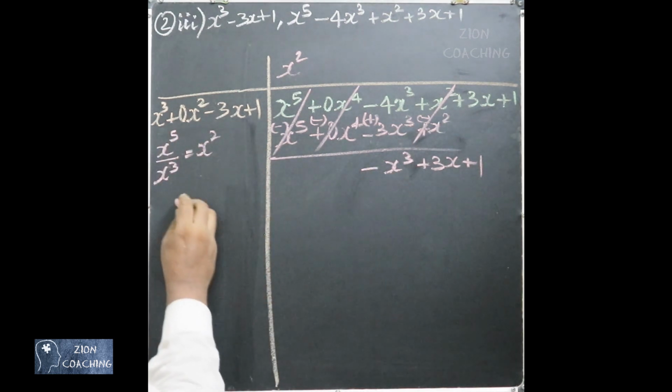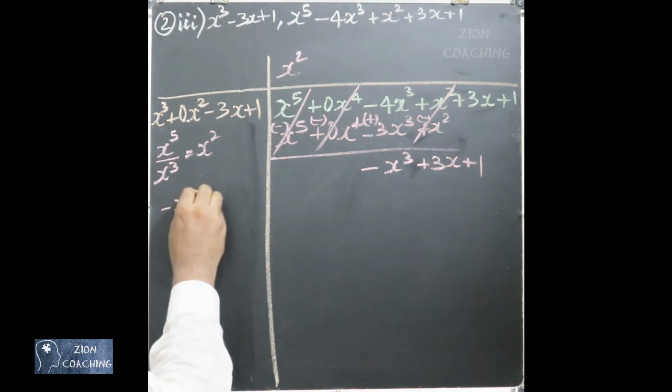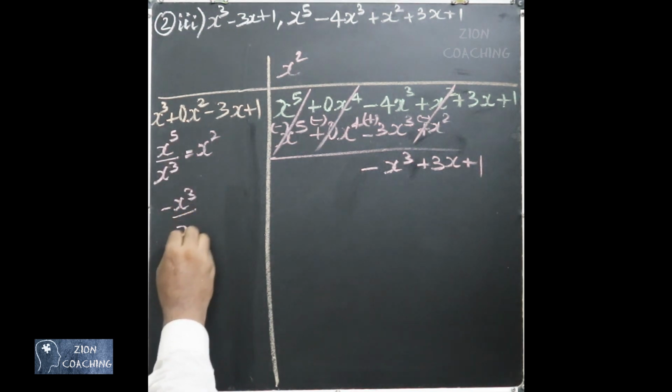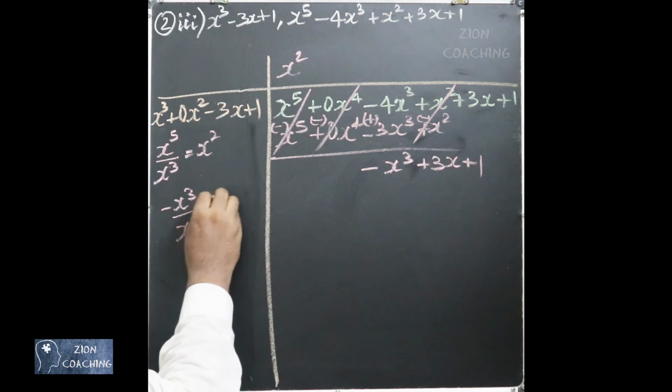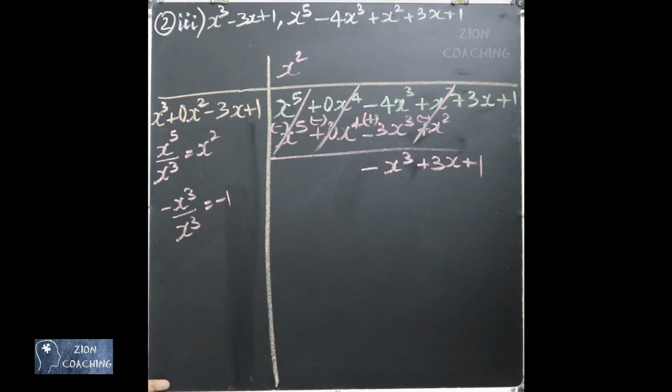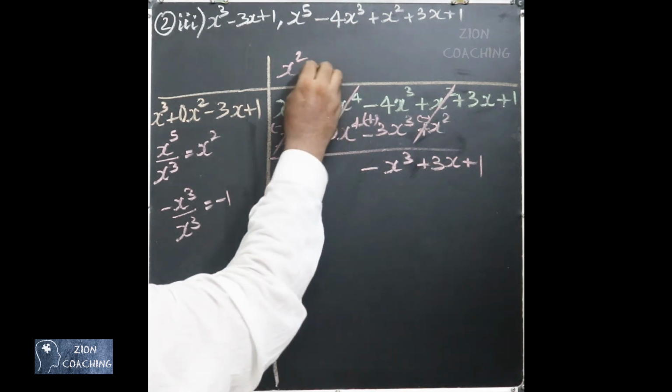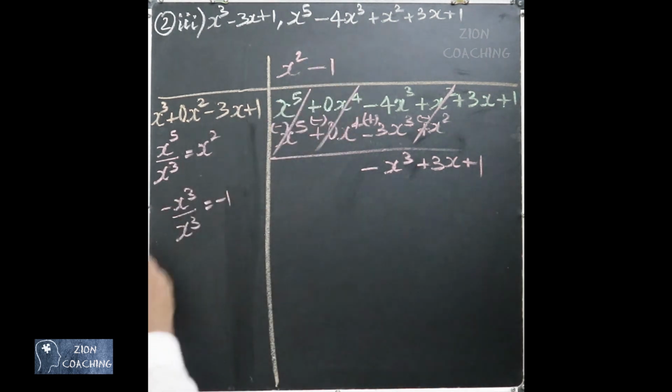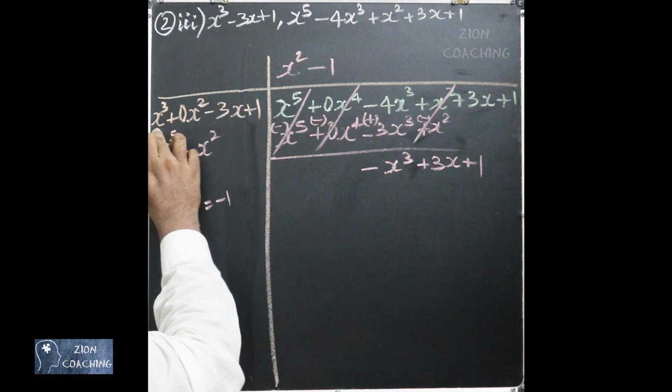Now when you see the first term here and the first term here, you have minus x cube, you have plus x cube here, so you are going to have minus 1. Minus x cube divided by x cube is minus 1, so we are going to multiply the entire divisor by minus 1.